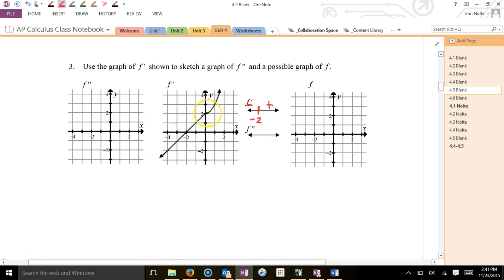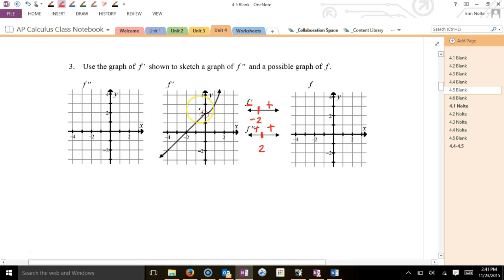There's this weird wiggle at this spot, so that's going to be a critical value on my second derivative at 2. For the second derivative, I am looking at the slope of the graph. The slope of the graph for this is always a positive 1. And for here it's always positive, although it is changing, it's still positive.